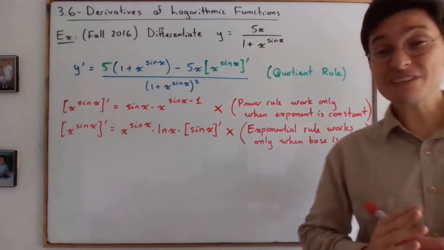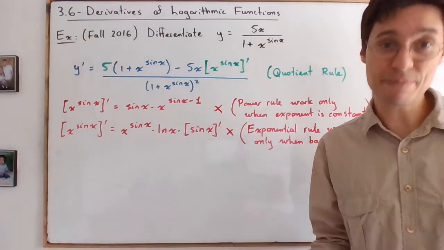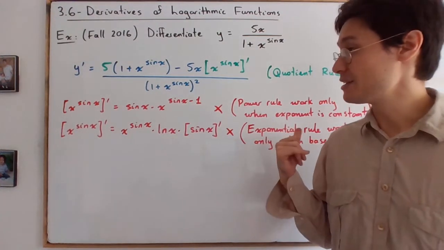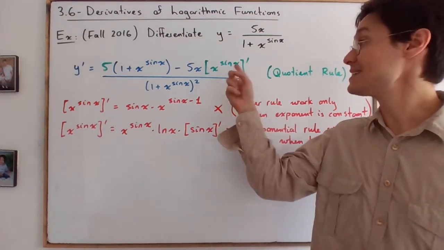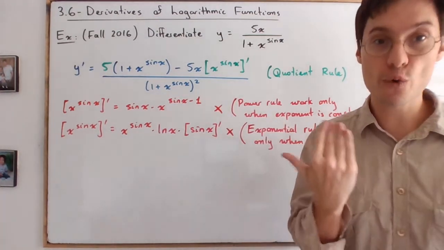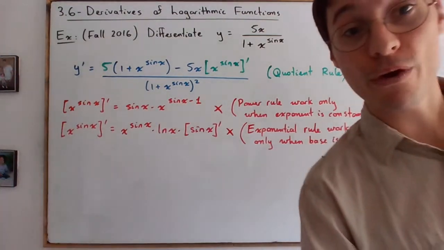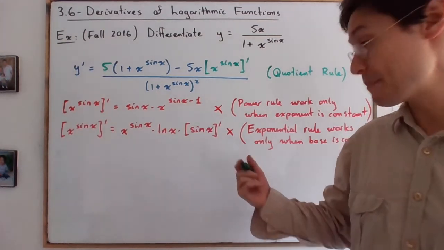I've even seen some students trying to mingle the two together, which typically fails, because the conceptual leap to make here is to realize that this has to be done by logarithmic differentiation. Whenever you have a function to the power of a function, that's what you need to do. So let's recap that.